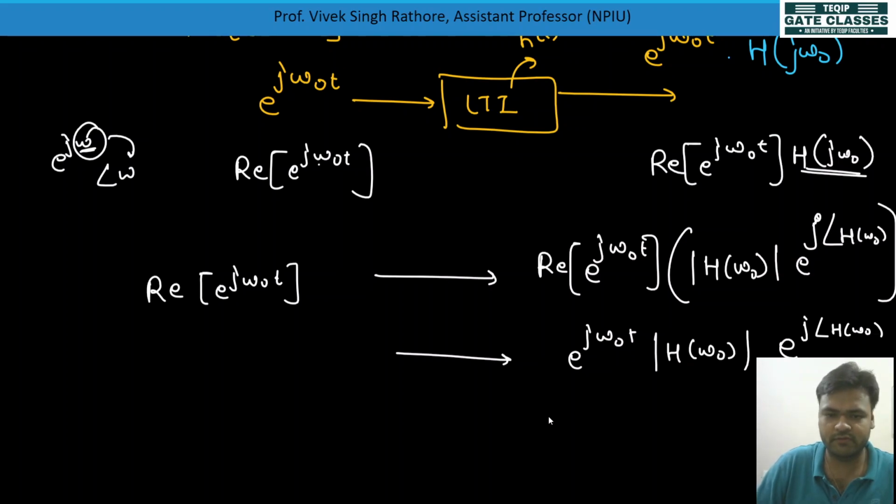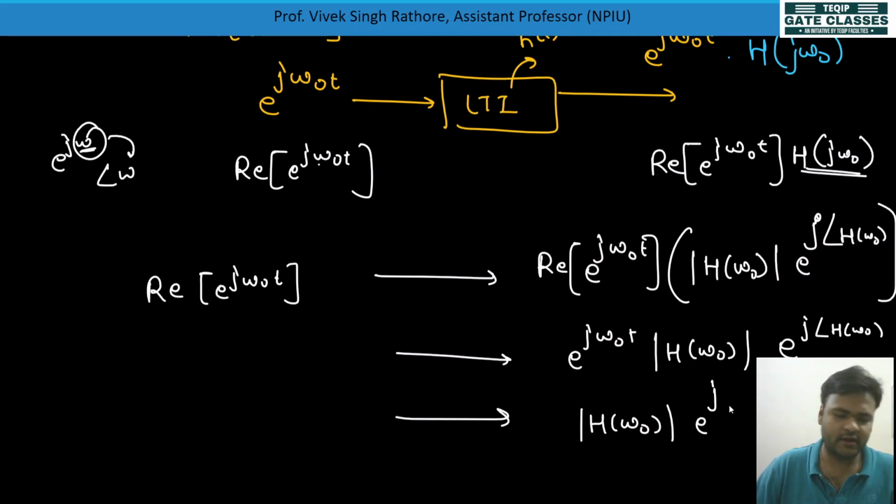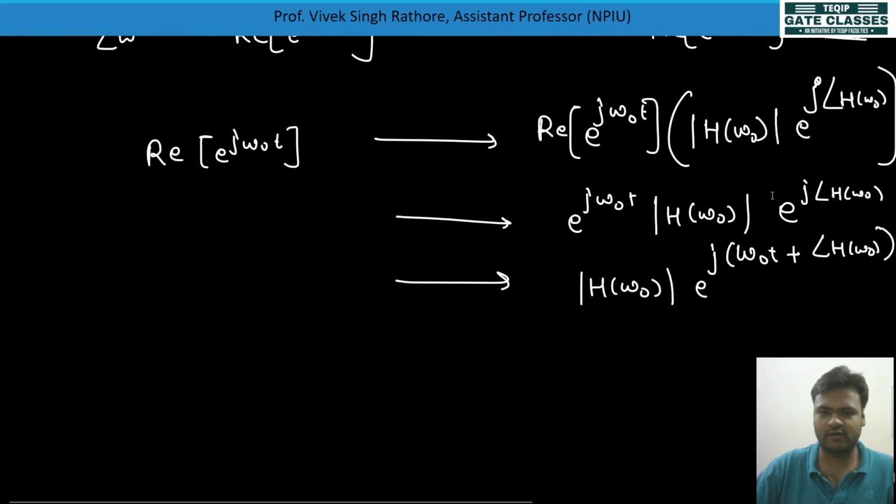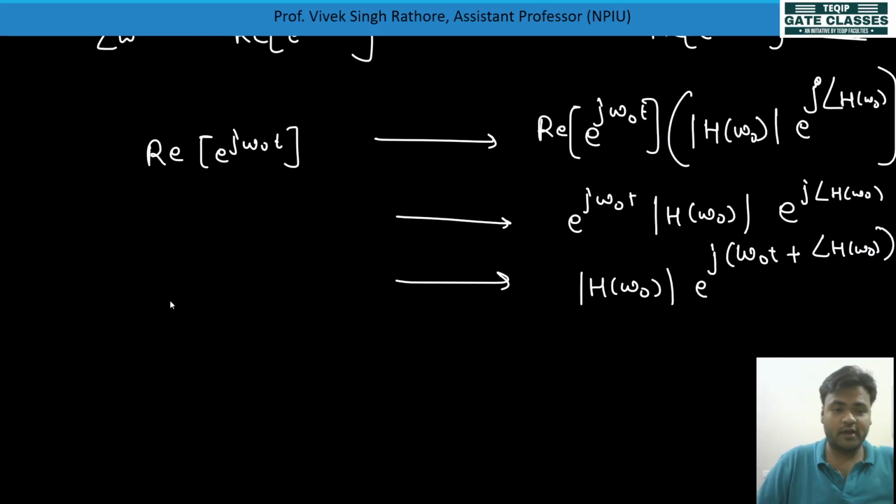No problem with that. So ultimately what you will get is mod of h omega naught times e to the power j, and now we can take omega naught t plus the phase of h omega naught common. See what we are doing and what we are getting; you should understand each step.